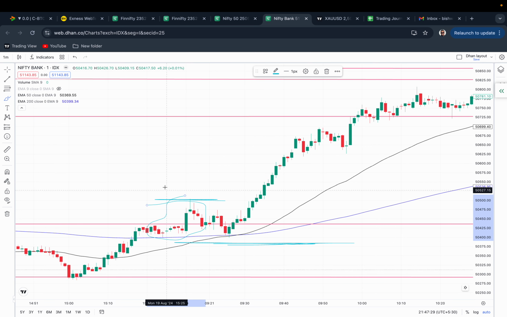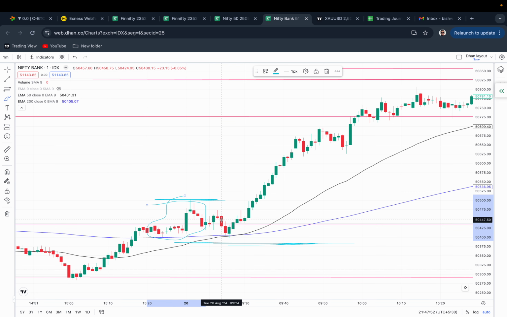see, this is the candle that has formed on the 1 minute time frame when the market opened at 9:15 a.m. After the gap up, the market came down and was restructuring itself in this support line.